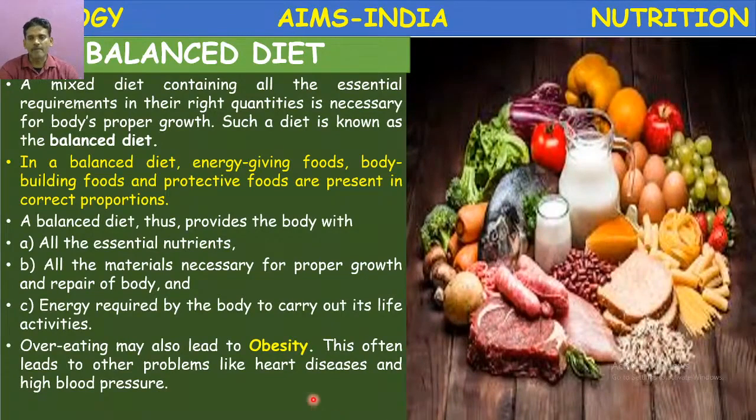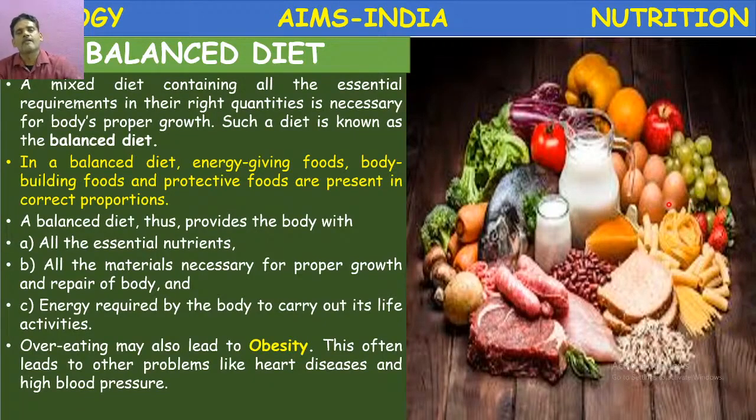So, a balanced diet. An egg is a balanced diet for a growing child. Every day one egg, a glass of milk. Anything which consists of all the nutrients in required proportion is called a balanced diet.